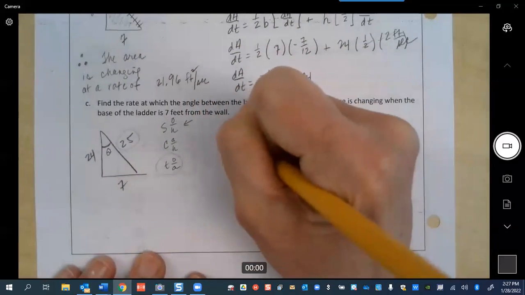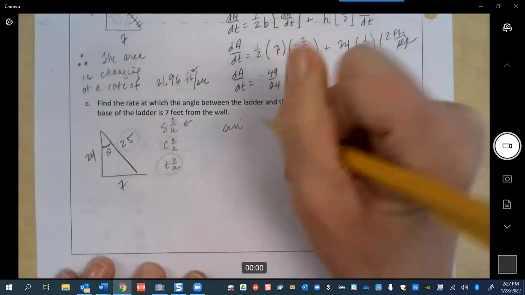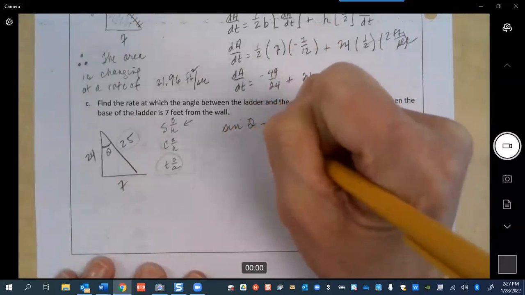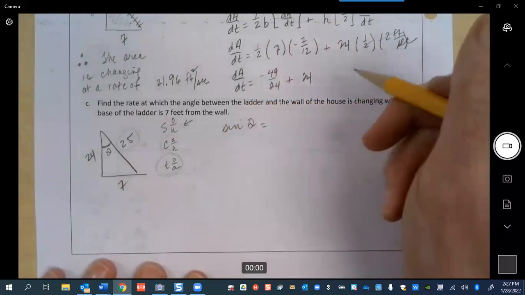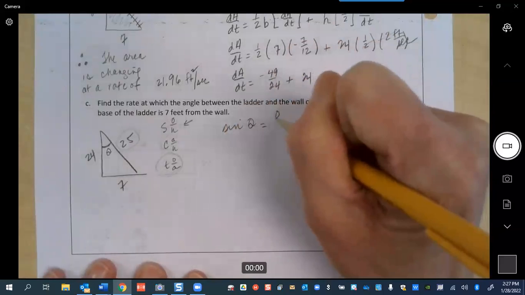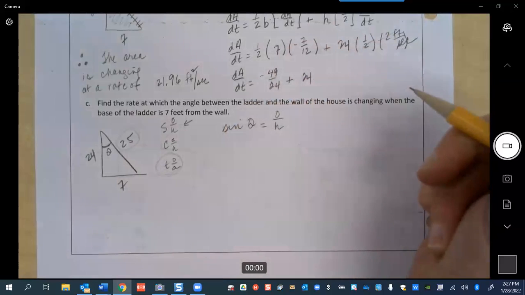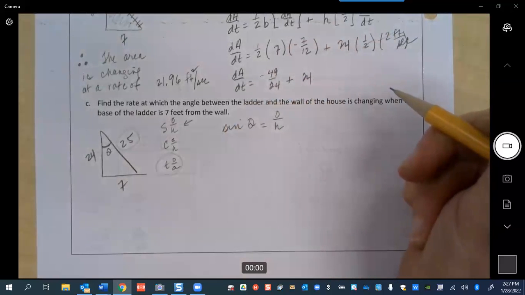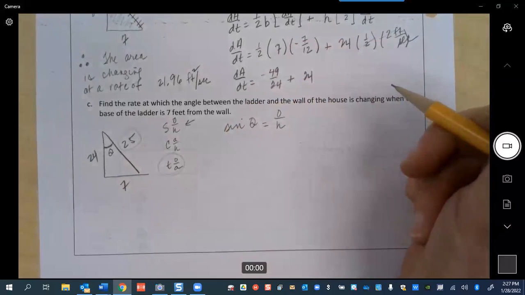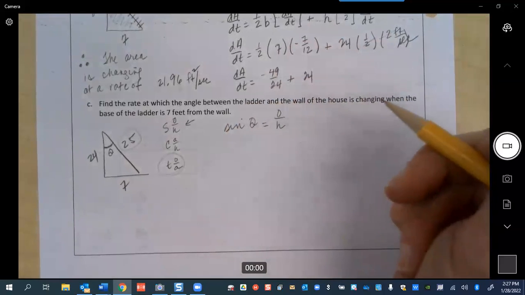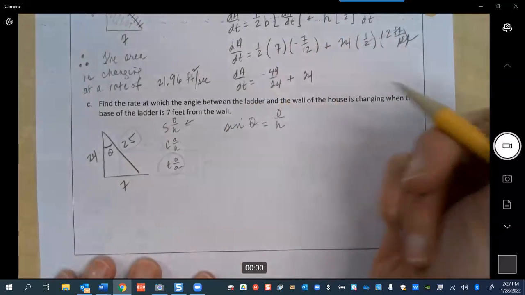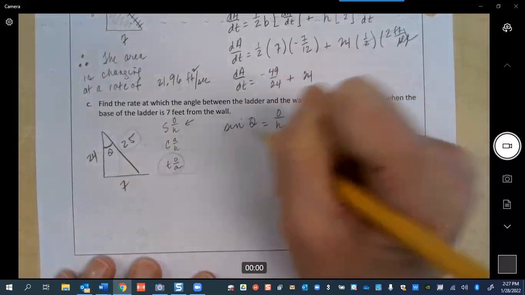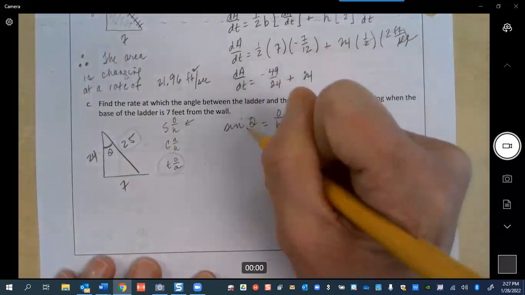So if the sine of theta is equal to my opposite over my hypotenuse, if I go to differentiate this equation, what's the derivative of the sine?